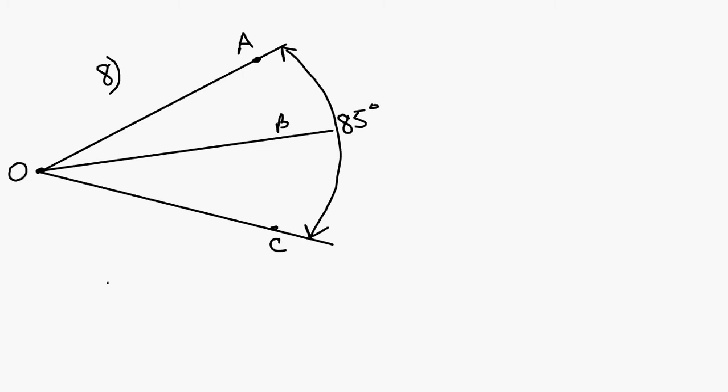BOC is 2x plus 10. AOB is 4x minus 15. Find the degree measure of angle, so you need to find angle BOC and angle AOB.